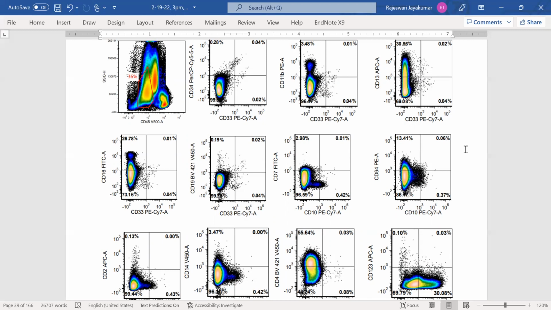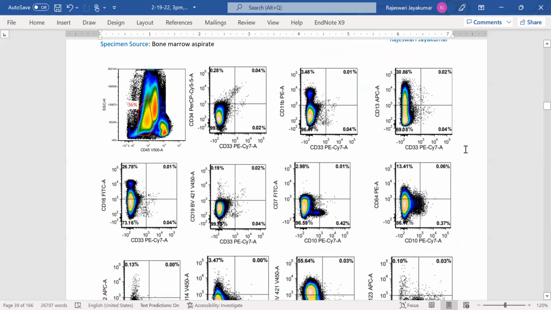So keep that in mind. When everything is negative, we use add-on tubes for megakaryocytes and erythroblasts. So when you see that, add your erythroid specific markers like glycophorin A and hemoglobin A, and you can also add 71 and 36 to help you.